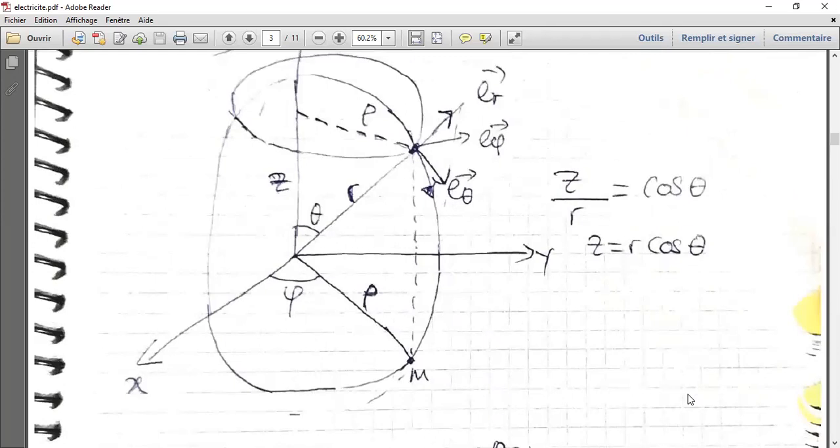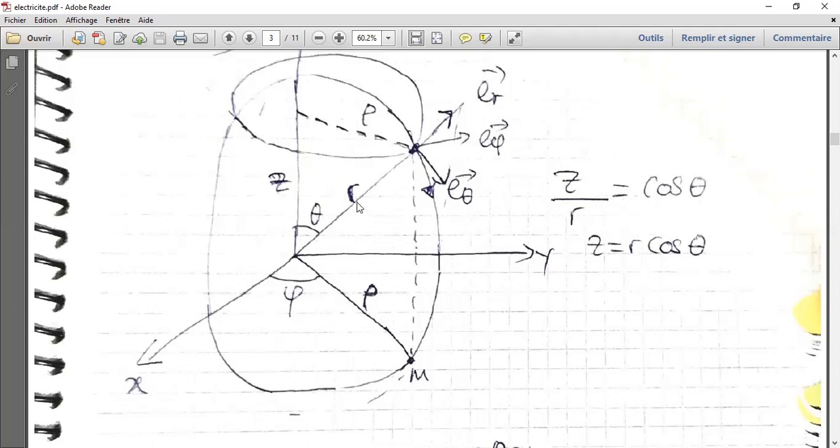Yeah, so your question was, is R equal to rho? I said no, it's not equal to rho, because you have introduced two angles, and if you introduce two angles, it means you have now two radiuses. There's a radius between O and grand M. So this is the R which we were talking about, and there's also a radius which is O and a petit m, which is what?